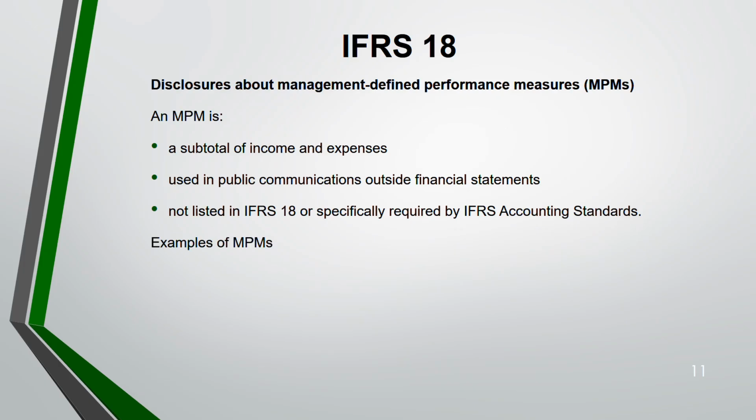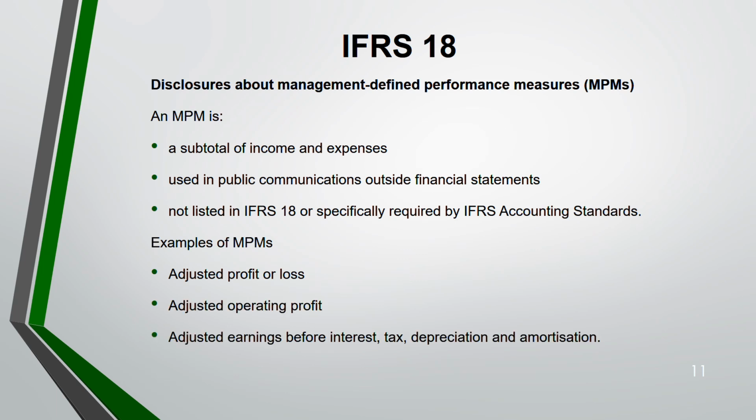Examples of MPMs, remember, you will be tested on this in your SBR: adjusted profit or loss, adjusted operating profit, adjusted earnings before interest, tax, depreciation, amortization. They are not required under any IFRS standard, nor are they listed in IFRS 18.